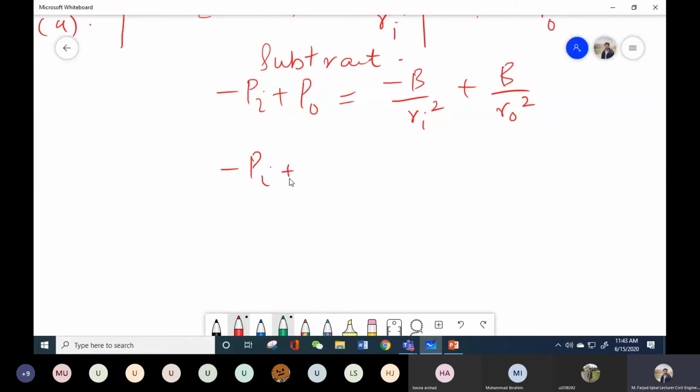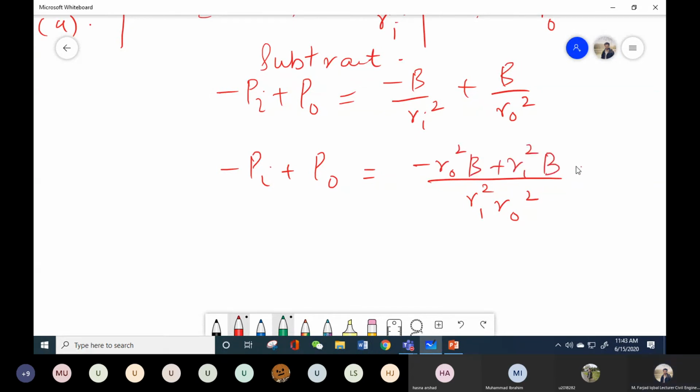Minus pi plus p naught is equal to b times, over ri square r naught square, minus r naught square plus ri square.